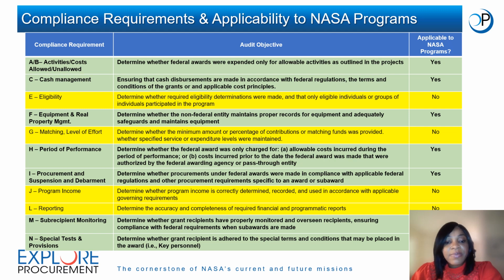And as far as special tests and provisions, the auditors are testing whether the grant recipients are adhering to the special terms and conditions that may be placed into the award. An example of this may be key personnel that are assigned to a specific project.